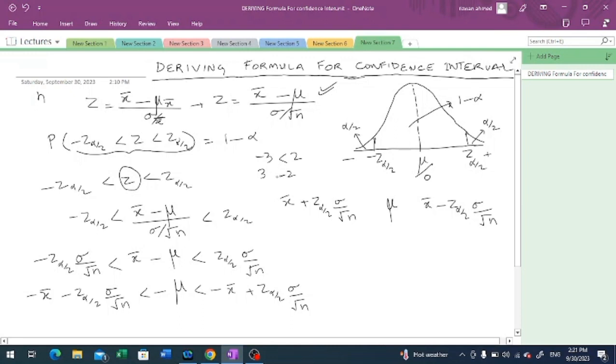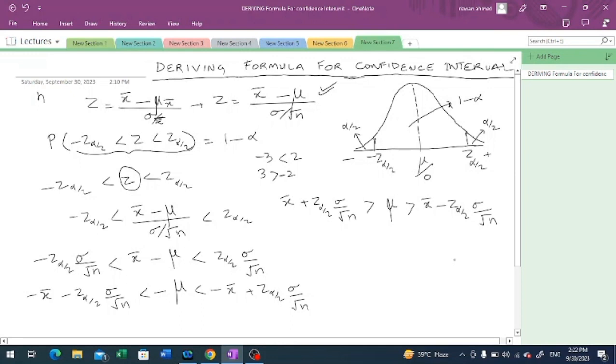Now the inequality will be inverted because the relationship is altered completely: 3 is a value greater than minus 2. Therefore, we can apply the same rule over here, since in the previous step we multiplied the entire inequality by minus 1. Consequently, the inequality signs have to be inverted.